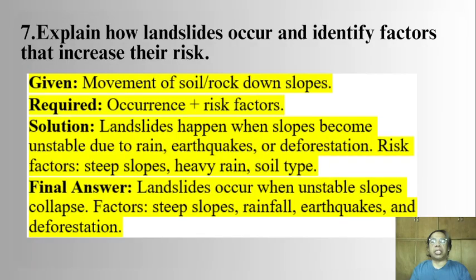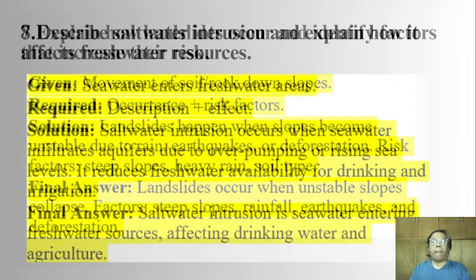Final answer: Landslides occur when unstable slopes collapse. Factors: steep slopes, rainfall, earthquake, and deforestation.